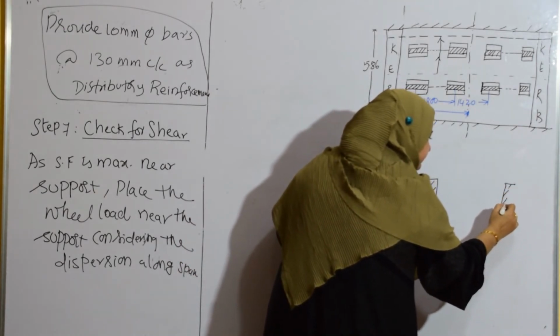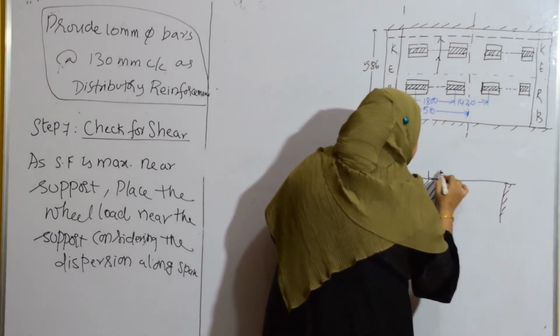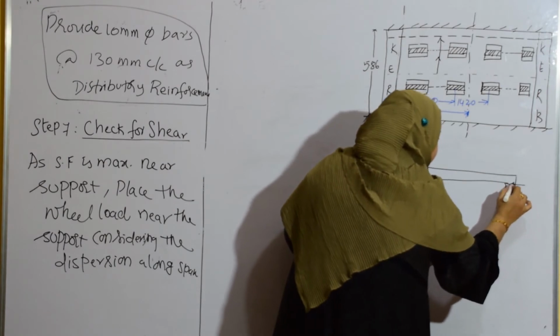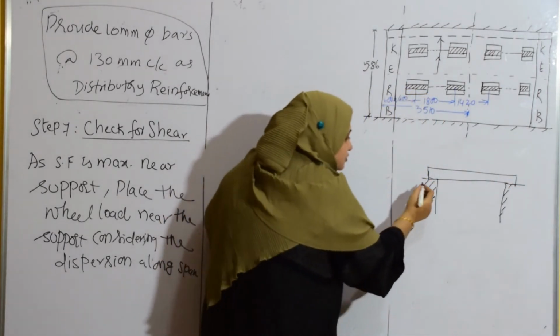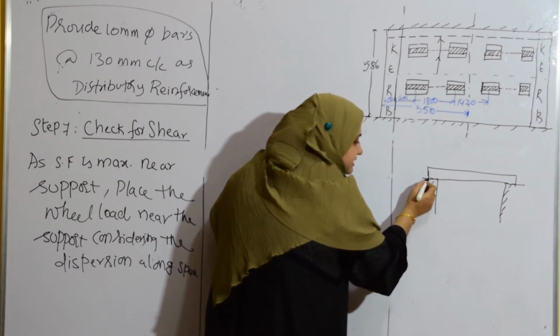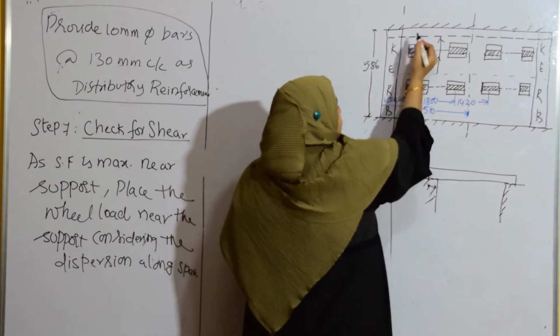Now our slab will rest like this, means a part of slab will go inside the support. Okay, so your slab has gone inside by 180 mm, because this is 360 mm.